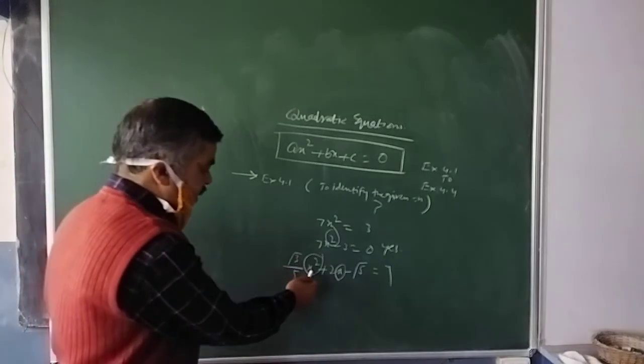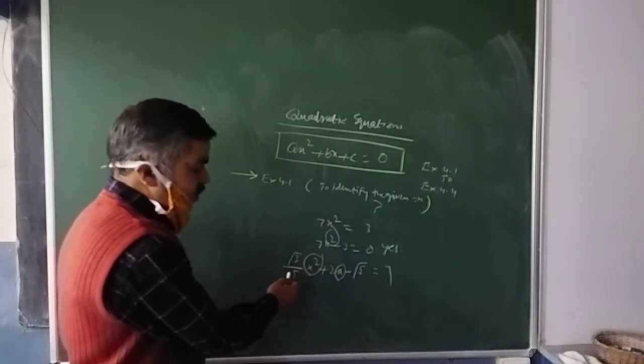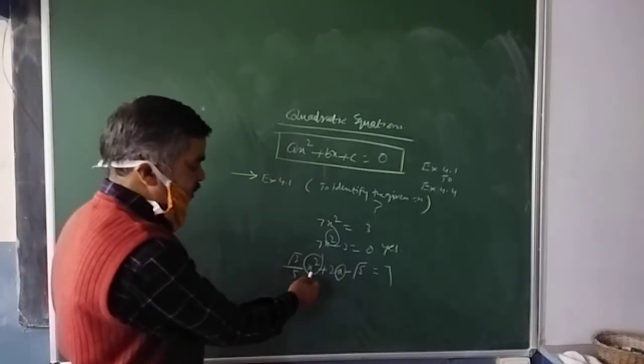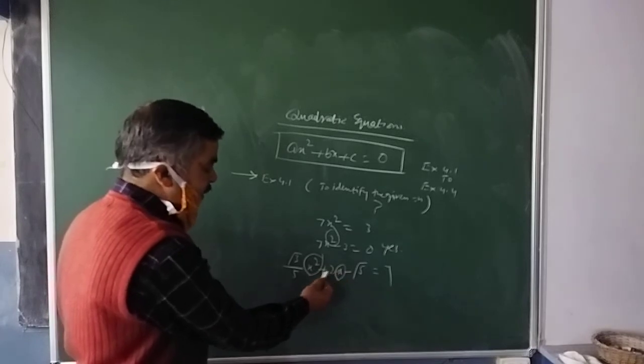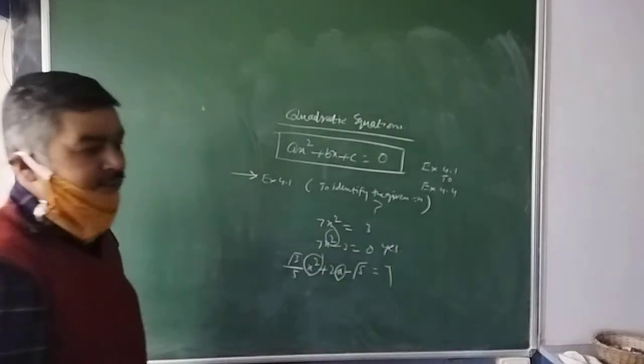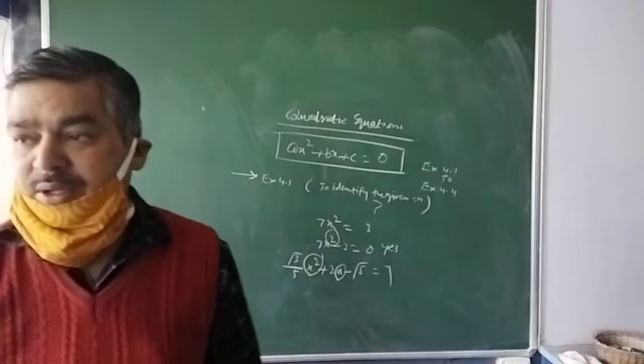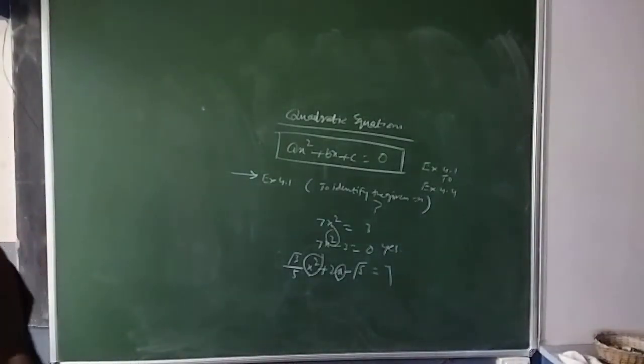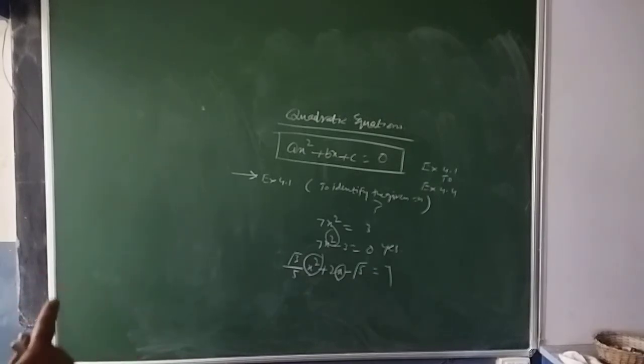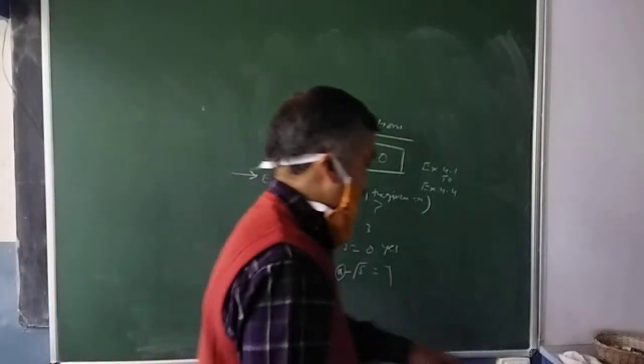So, as I said, the coefficients of these variables, that is x square and x, are real numbers, can be positive, can be negative. So, you know the definition of a real number now. In that way, you have to write what is a, what is b, and what is c. That also you need to learn from there.